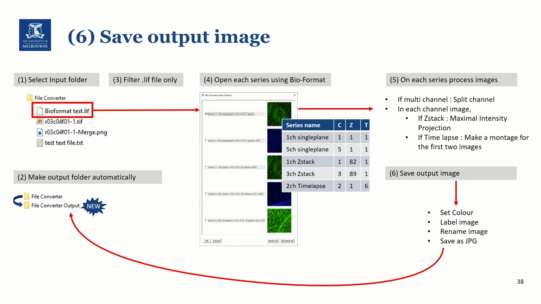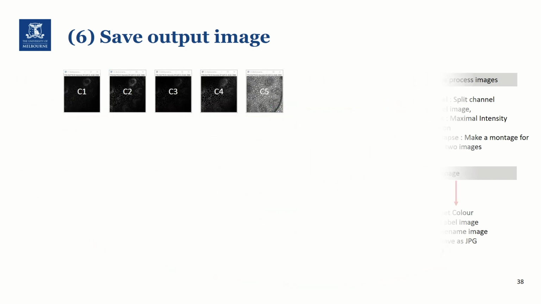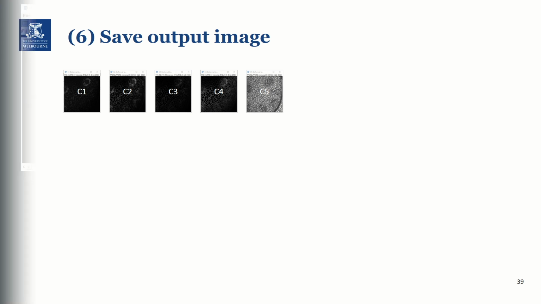As a final step, we will set the style of our output image and save it as a JPEG in the output folder which we have generated automatically before. When the multi-channel image is split, sometimes the original lookup table will be retained, but sometimes not.